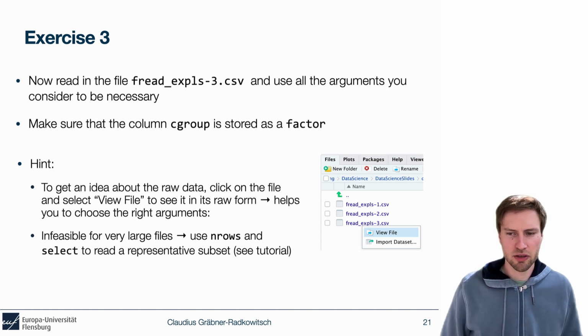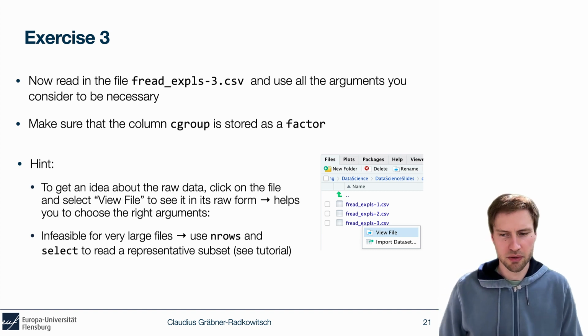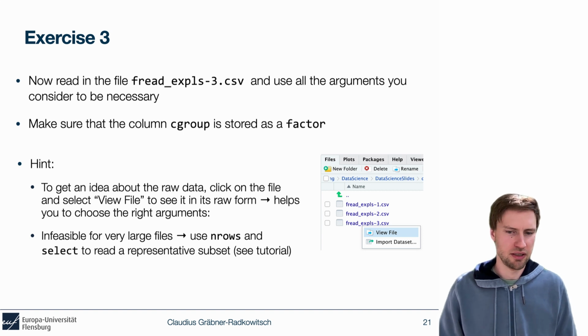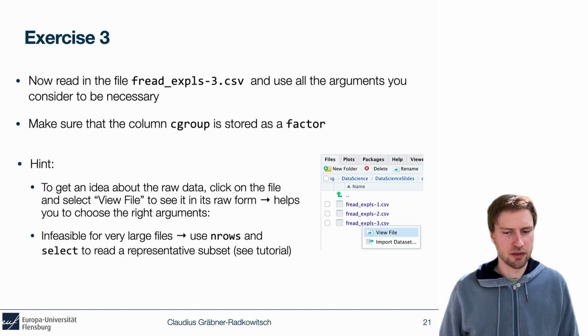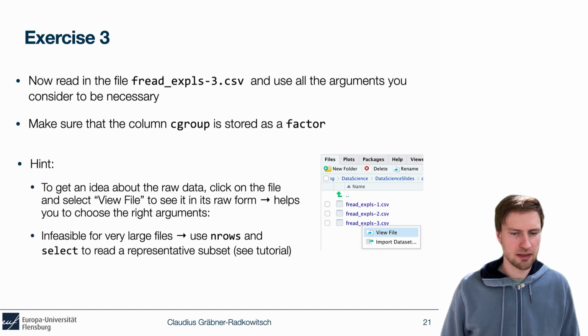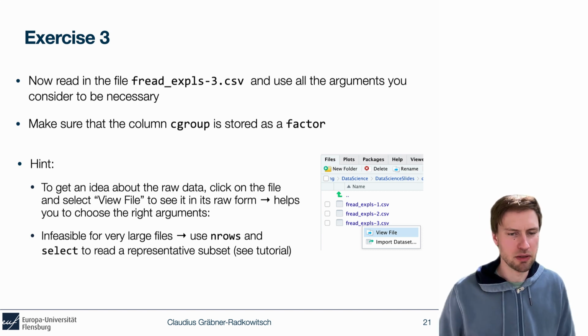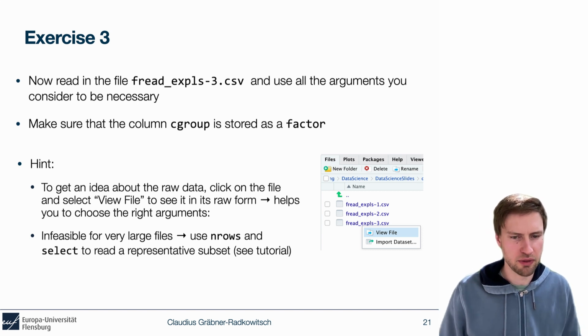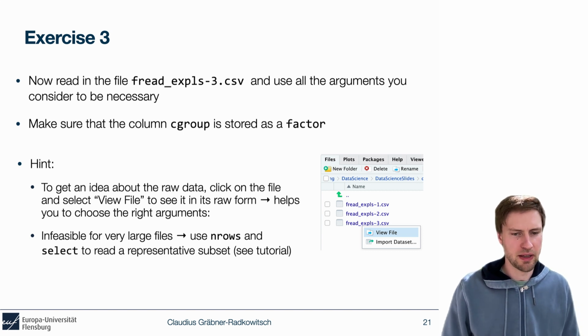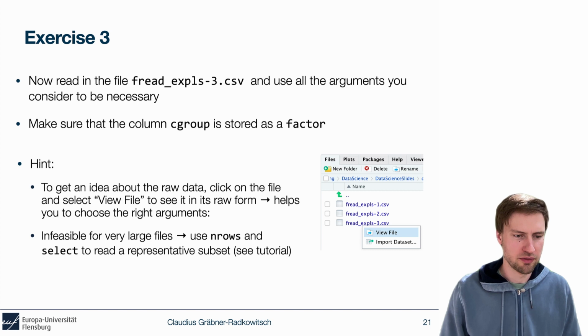You can look at the underlying raw data by using this special functionality of RStudio. For very large files, that's not feasible, but you can use the optional argument nrows from fread to only read in a couple of rows to get an idea of how the data set looks, or only look at a subset of columns using the select argument.